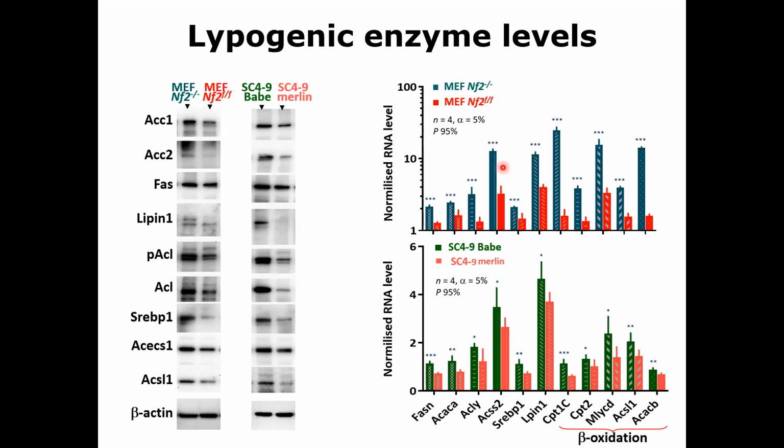So there is a huge difference between NF2 deficient and control fibroblasts for most genes, especially in the beta oxidation group. And when re-expressing Merlin, we get this decrease in expression levels.